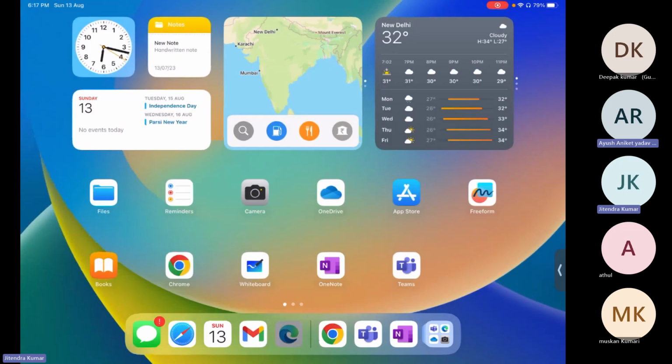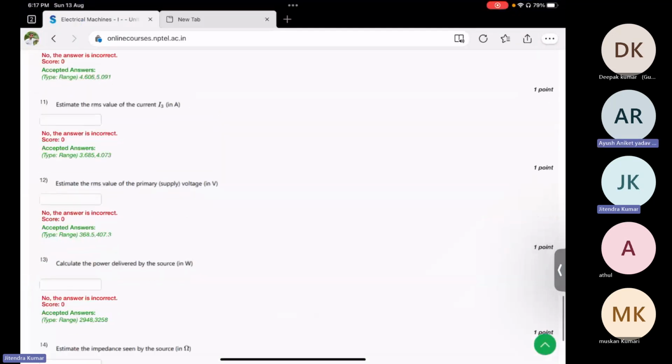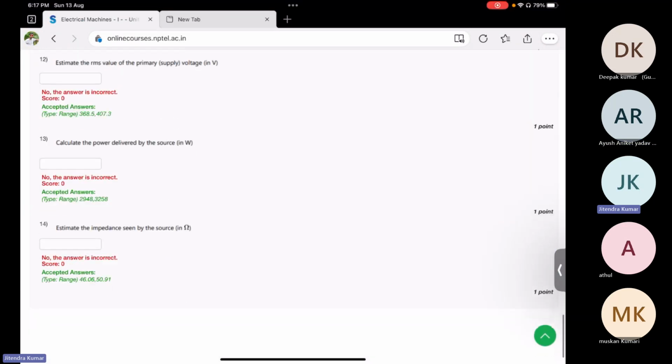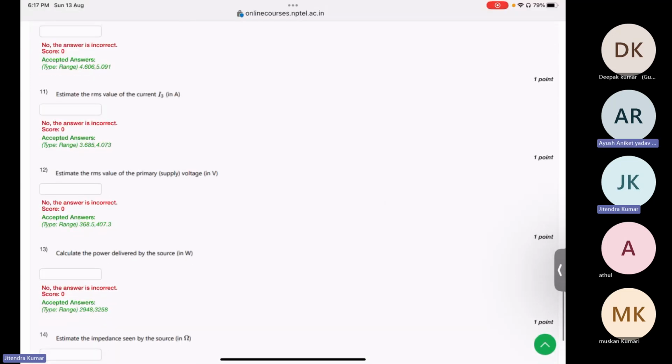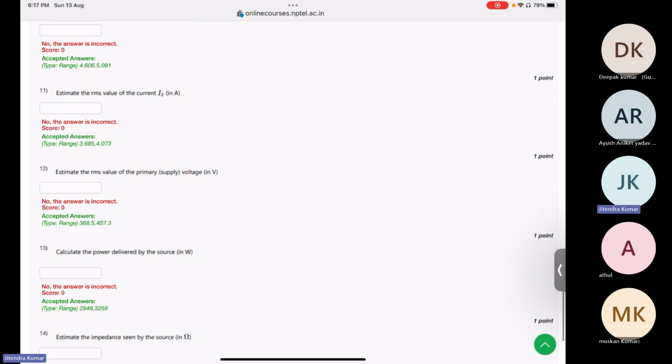Let me see. Both are different. Let me see the range of the answer. Okay, so they have provided enough range. So by any means, if you compute, it will fall in the range. So no issue. You can compute via any method, right? So I hope your answers must be correct.